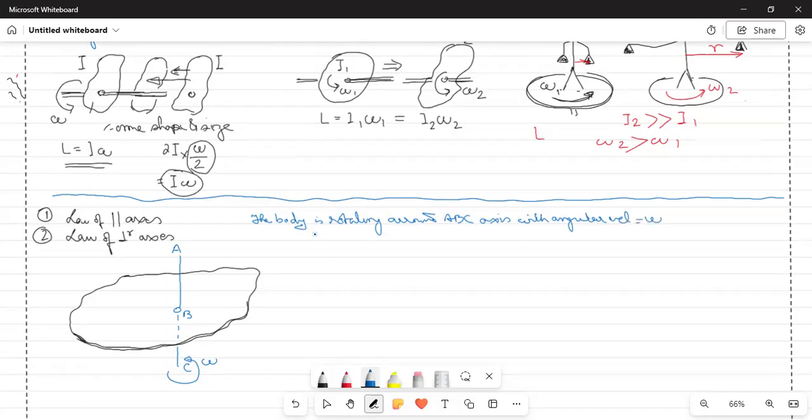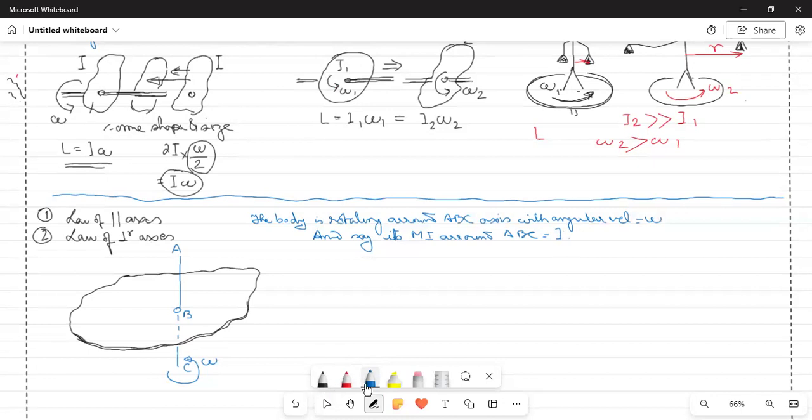And let us say the moment of inertia around axis ABC is equal to I. Right?